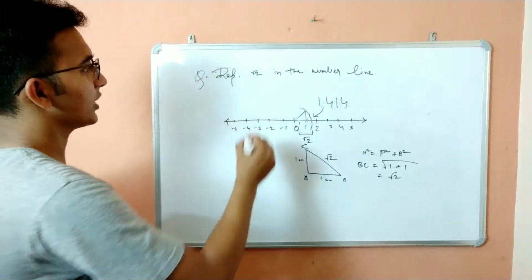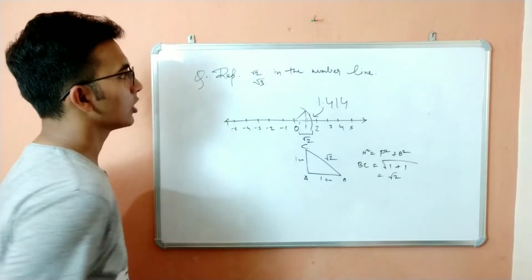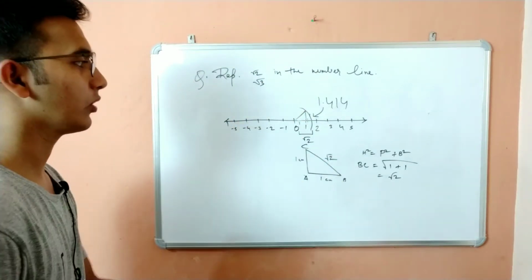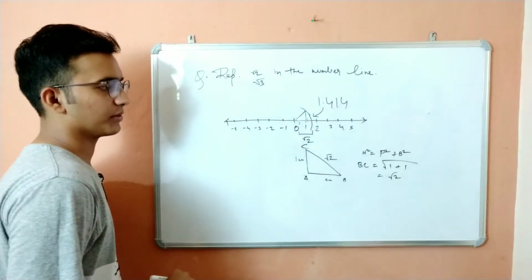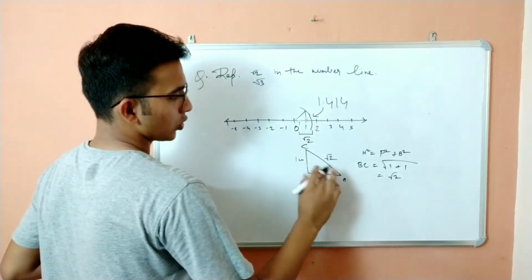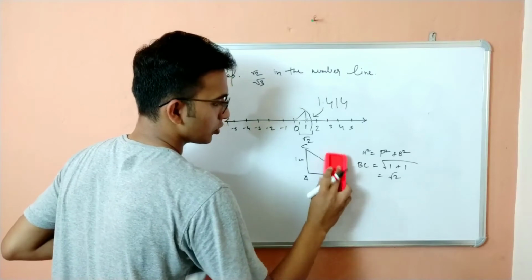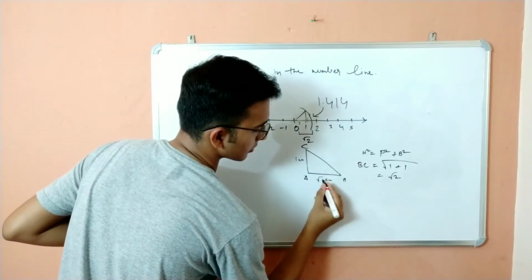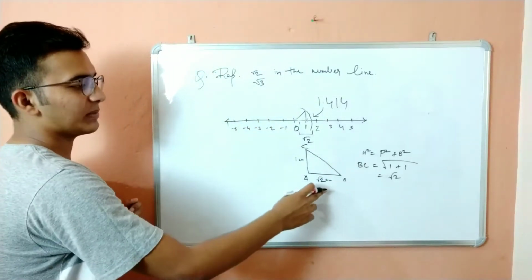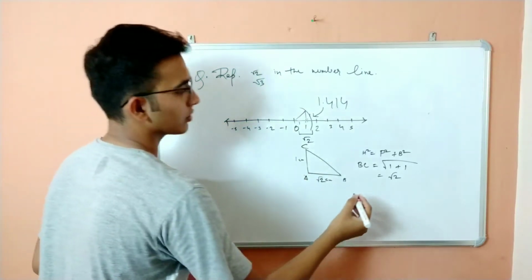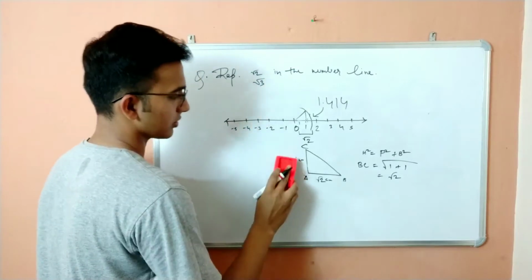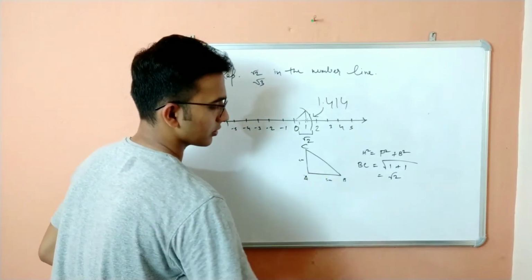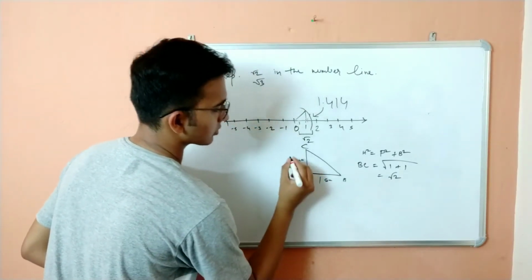Let's go to root 3. If I am asked to represent root 3 in the number line, how will I do that? So root 3, how will I get root 3? Very simple. Root 2. Take root 2 as base, and this is 1 centimeter. Or you can take this one also as root 2 and this is as 1 centimeter.